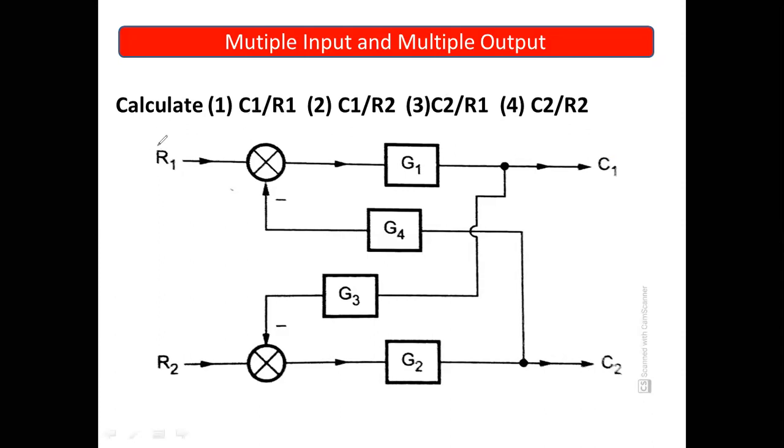It means R1 would be in the system and C1 would be in the system, and the value of R2 would become 0. Likewise the value of C2 would also become 0.